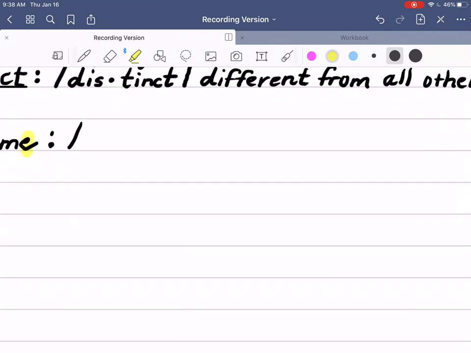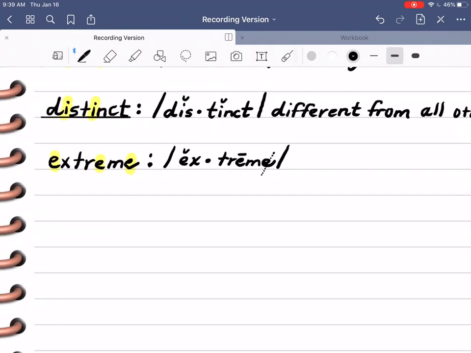So we have X, treme, you have E, consonant, silent E. So even though we see 3 vowels, we only hear 2. So this is a 2-syllable word, extreme.